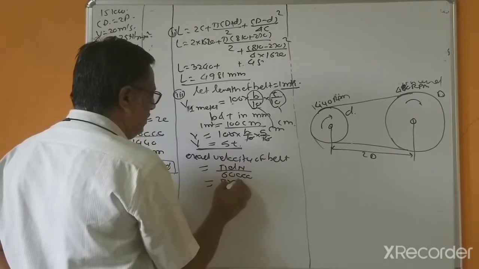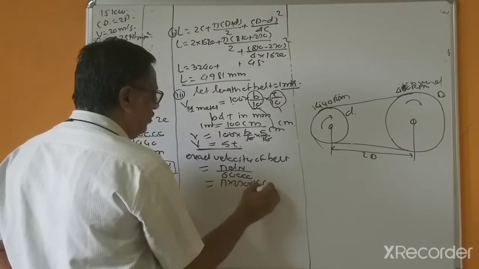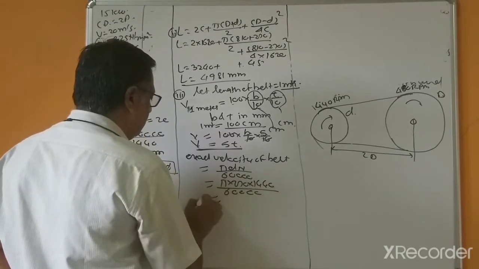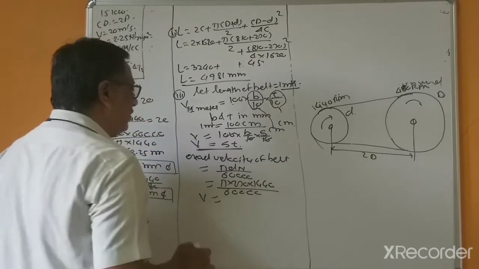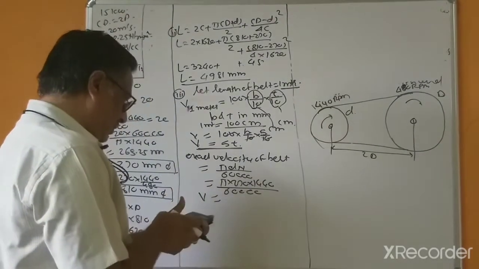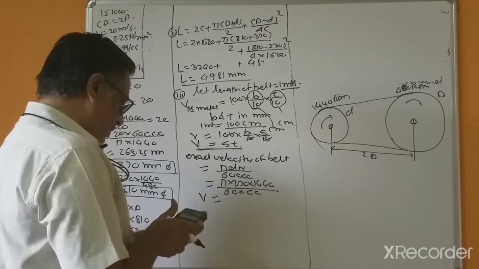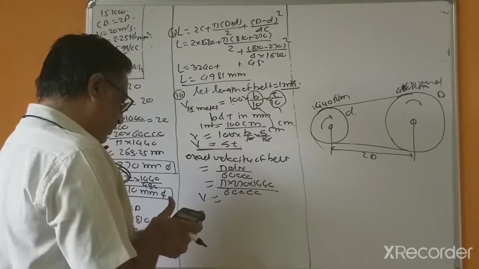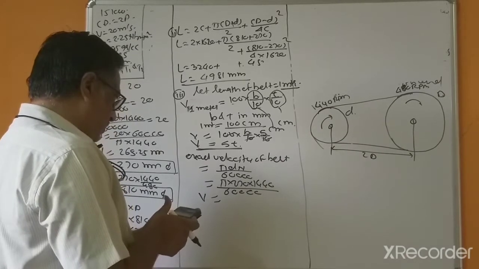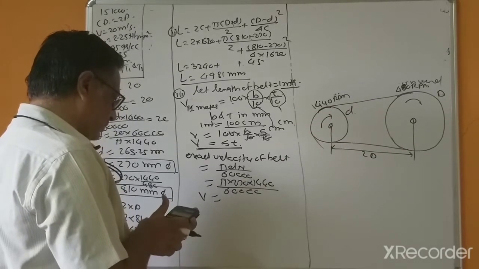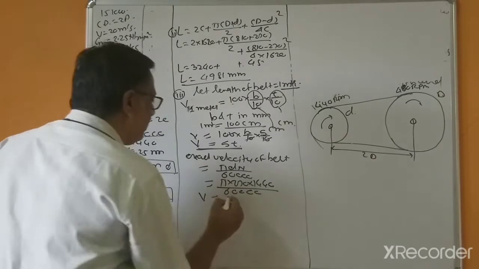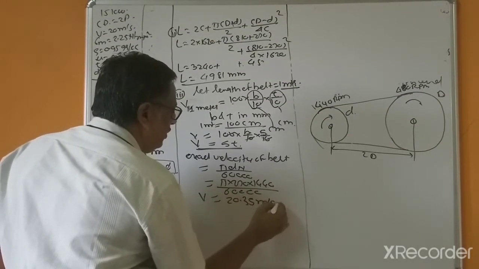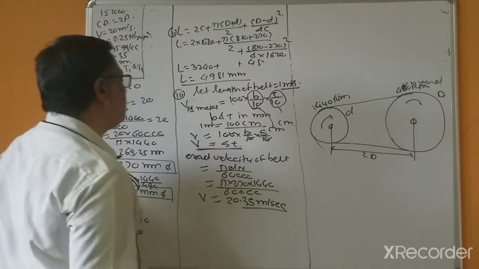Pi into 270 multiplied by 1440 divided by 60,000. This is approximately, or rather exactly, 20.35 meter per second.